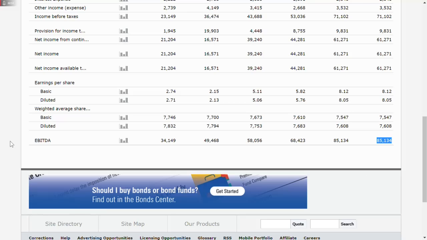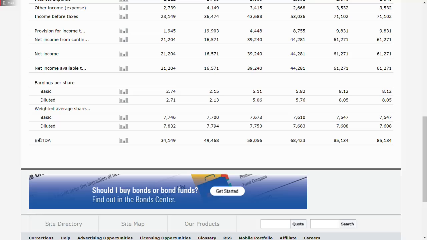Now, there's something I want to point out that is interesting. In business in general and academic finance, this is an important figure, earnings before interest, taxes, depreciation, and amortization. However, in conservative value investing, Warren Buffett and Charlie Munger do not really respect EBITDA, because it kind of hides what your expenses are going to be in terms of taxes and depreciation and amortization.